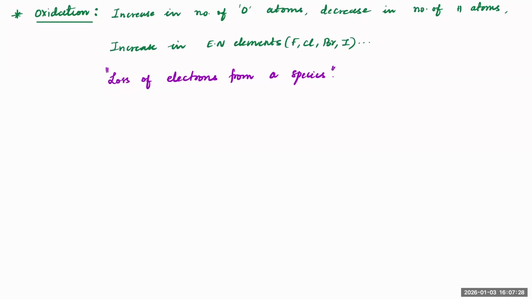For example, if iron Fe is converting into Fe3+ plus 3 electrons, then I can say iron got oxidized, and this half reaction is called an oxidation reaction.